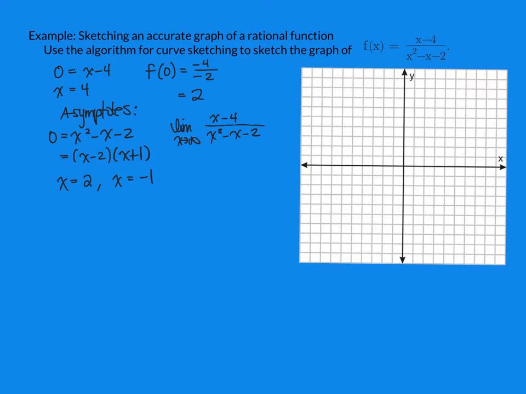But if you need some confirmation to double check, one of the tricks was to divide all terms by the highest power in the denominator. So we can consider this to be equivalent.